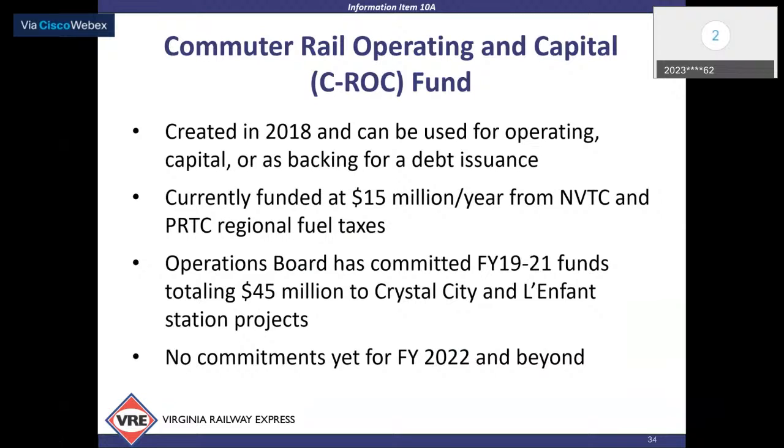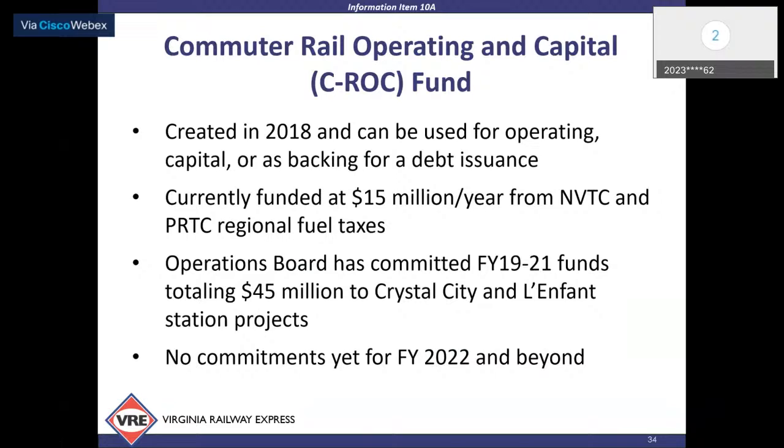Right now, VRE is receiving $15 million a year through the CROC from the fuel taxes that are collected in the PRTC and the NVTC regions. We started receiving those funds in FY19, and we have committed 3 years worth, 19, 20, and 21, to critical station expansion projects, namely Crystal City and L'Enfant.